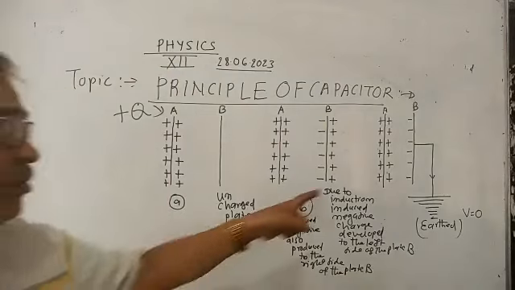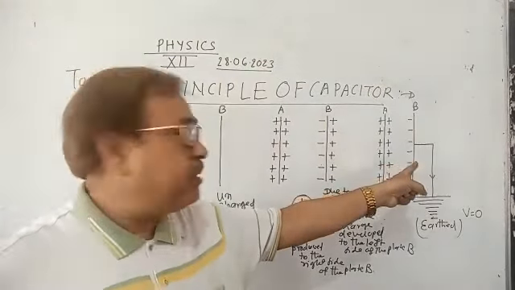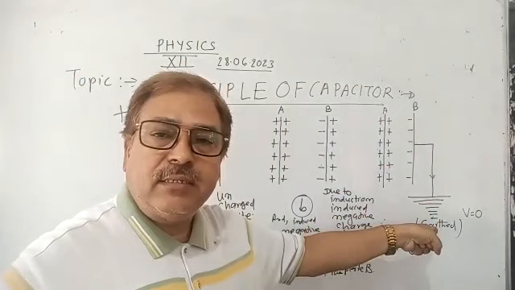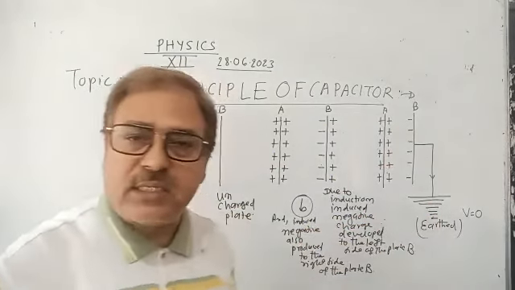So when the right side of the plate B is grounded, the whole positive charge vanishes.